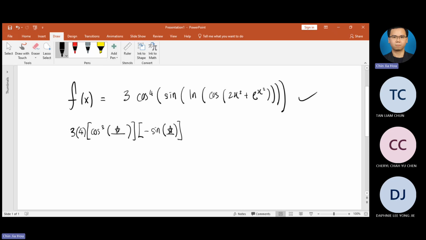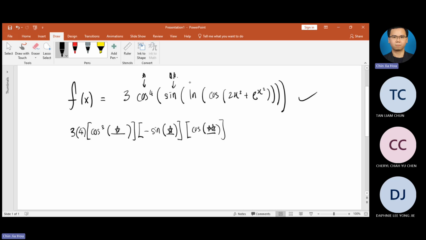Then we move 1 layer in, meaning that this is layer 1, 1 star. Now layer 2, 2 stars. So we are going to do that layer 2. If we differentiate sine, what do we get? We get cosine, and then 2 star, meaning whatever is in the ln there.